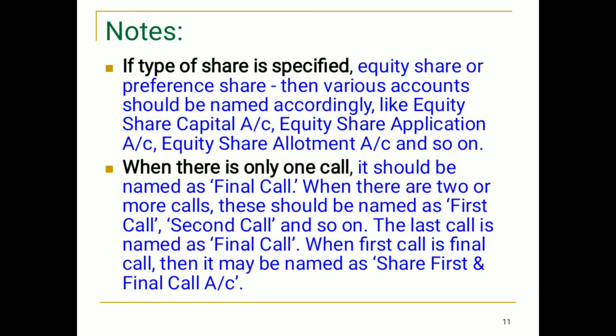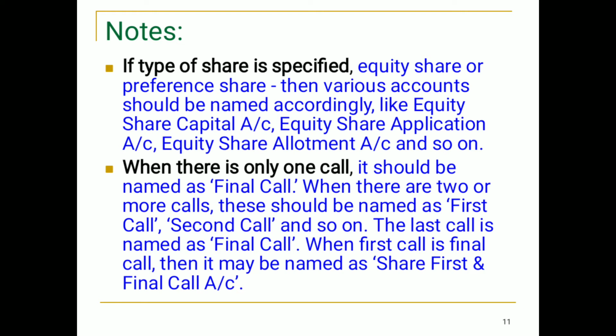Okay. Here we have some important notes related to the chapter. It says, if the type of share is specified, that is equity share or preference share, meaning in the question you are given to solve, the practical example that we are going to solve, if the type of share is specified, then various accounts should be named accordingly.